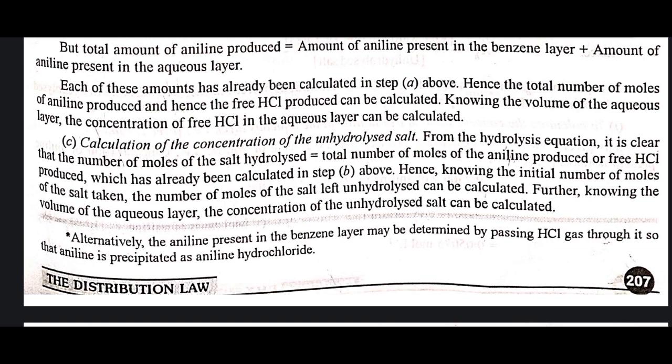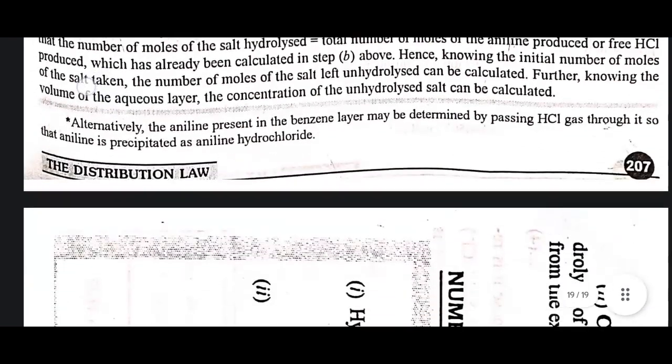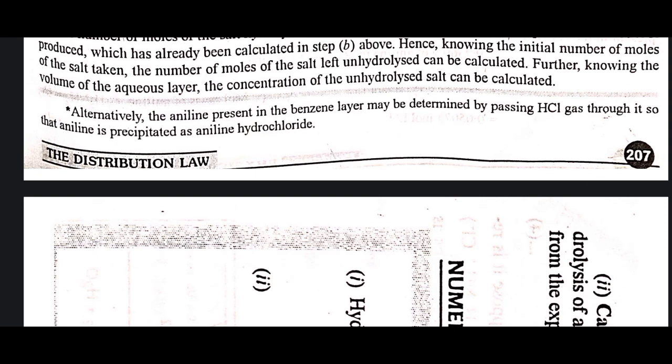Hence, knowing the initial number of moles of the salt taken, the number of moles of the salt left unhydrolyzed can be calculated. Further, knowing the volume of the aqueous layer, the concentration of the unhydrolyzed salt can be calculated. Alternatively, the aniline present in the benzene layer may be determined by passing HCl gas through it, so that aniline is precipitated as aniline hydrochloride.